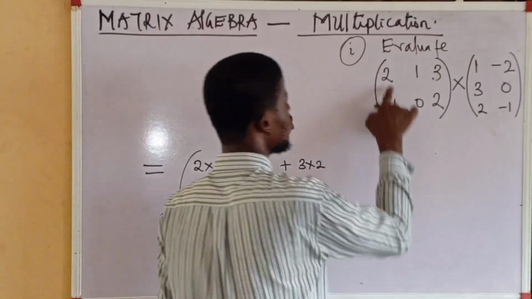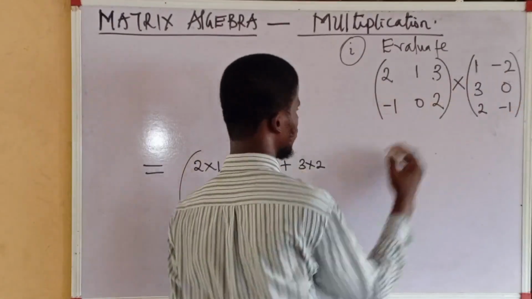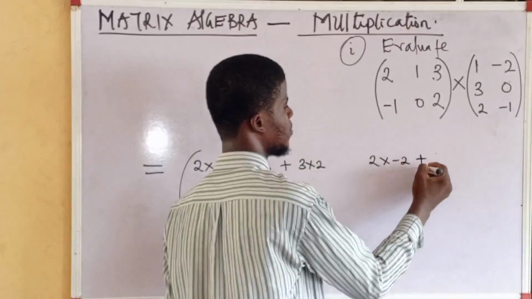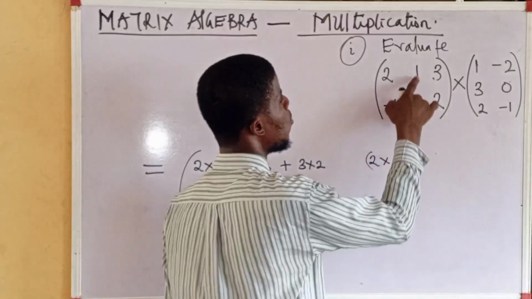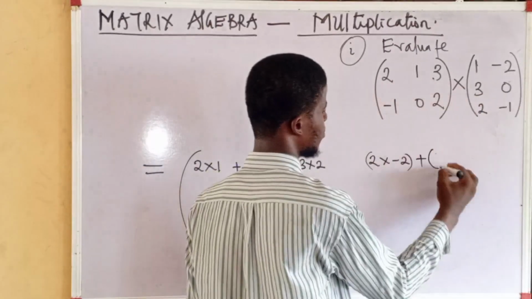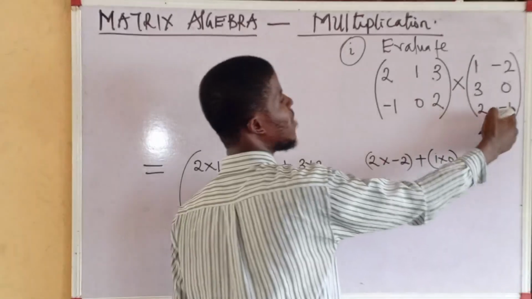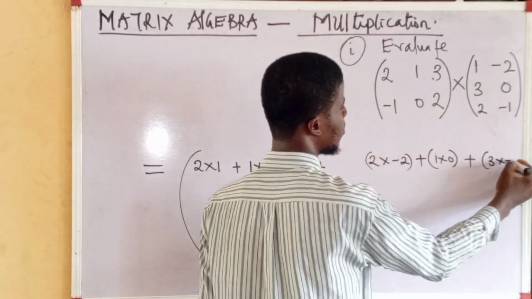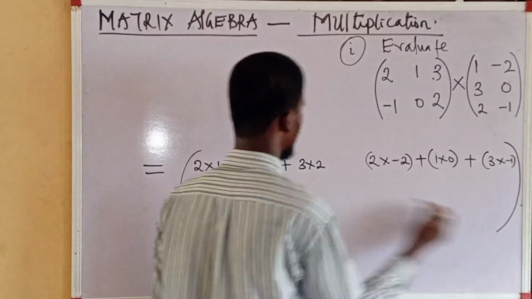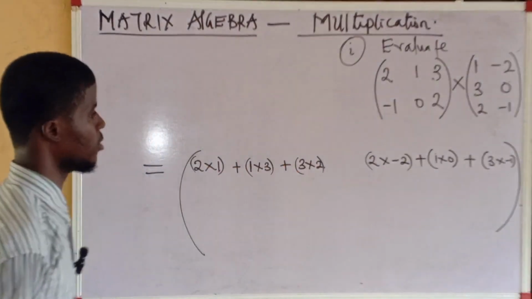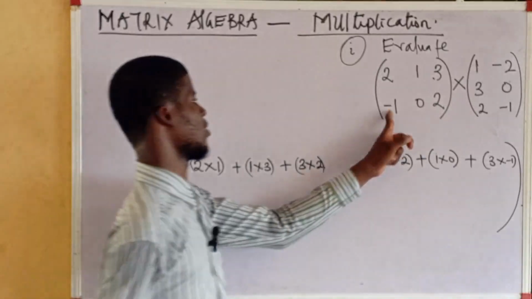Okay, I'll come here now. 2 times minus 2 plus, this is a single number, 1 times 0 plus 3 times minus 1. Let me group them in brackets. You see it? I'll come here.